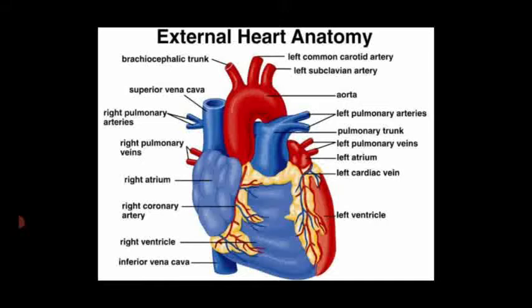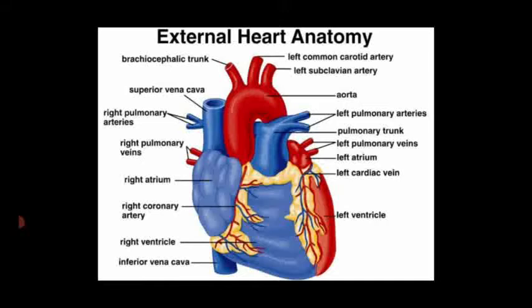The right ventricle has the pulmonary trunk, which bifurcates, that is divides into two: the left and right pulmonary arteries. Both of them supply deoxygenated blood to the lungs.